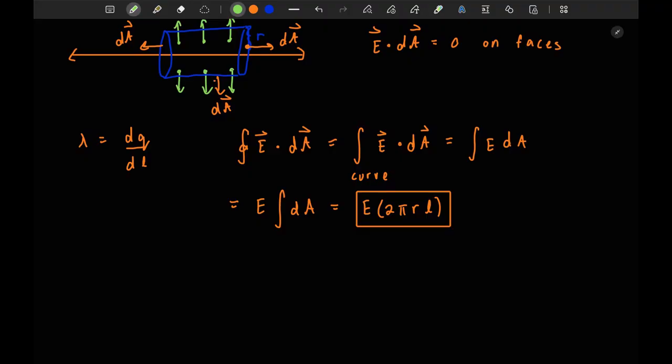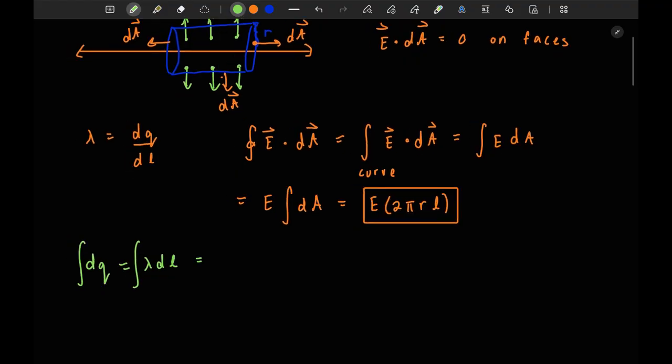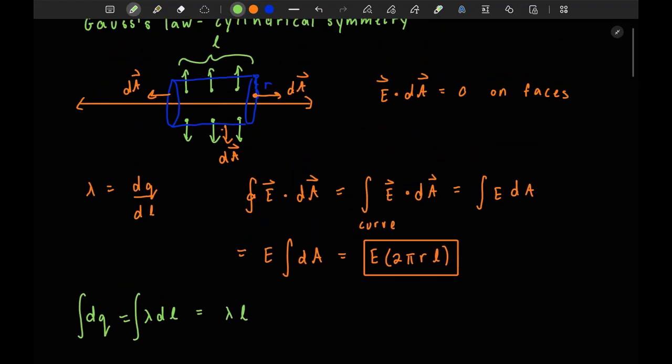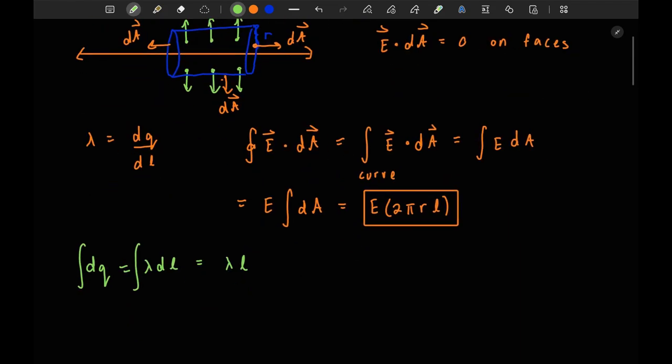So now we need to compute Q enclosed. We can formally do this by saying dq is equal to lambda dl and integrating this. But of course, in this case, lambda is constant. So Q enclosed is simply lambda times L, the length of our Gaussian cylinder. And so with that, we can say E times 2 pi r l is equal to lambda L over epsilon naught.